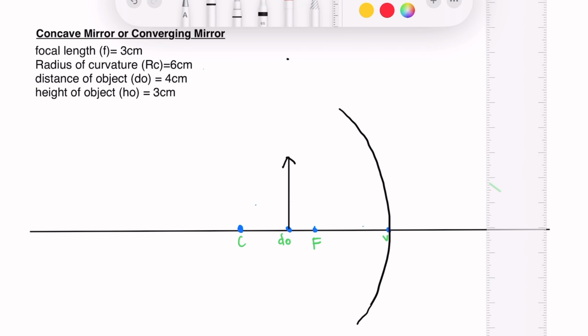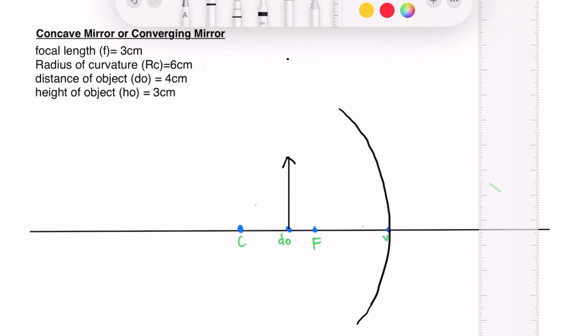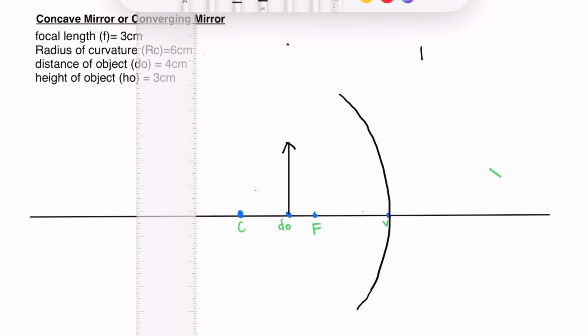First are the two principal rays that I'm talking about. We're going to use the PF ray. I'm going to use a different color here: blue for the incident ray, and the incident ray is always paired with the reflected ray, for which I'm going to use red. So I refers to the incident ray and R refers to the reflected ray, and they are always in pair.